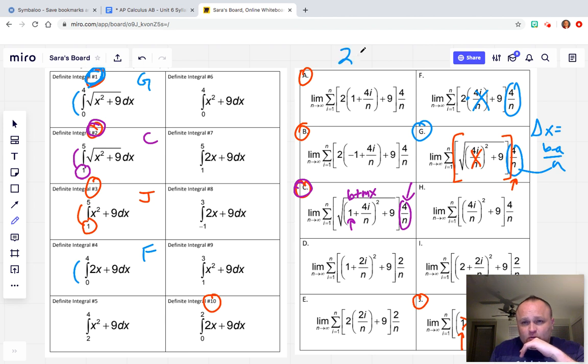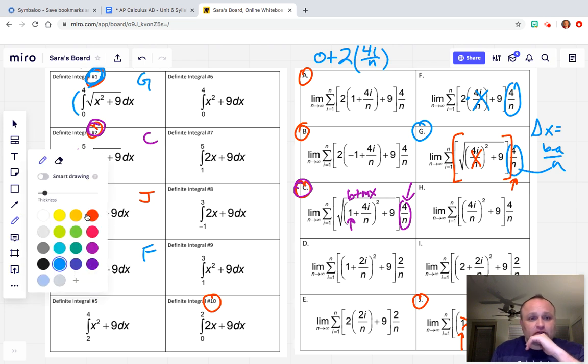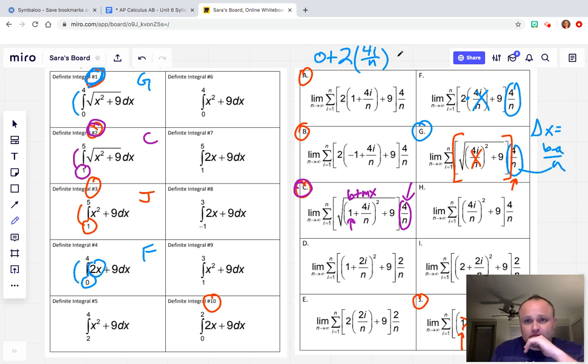So I'll show you one more time. Here, just like on one of the ones that we did from before, it's 2 times the stuff, aka 2X. But because you're starting at 0, you can interpret this as 0 plus this, okay? And then at the very end, you're going to do plus 9.